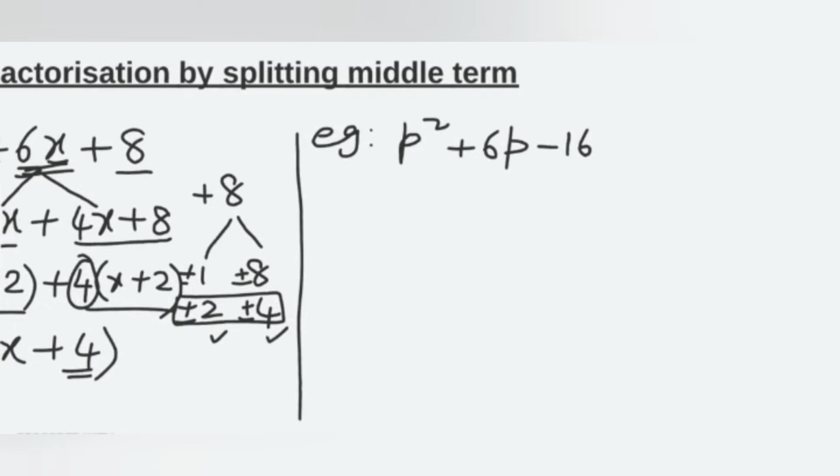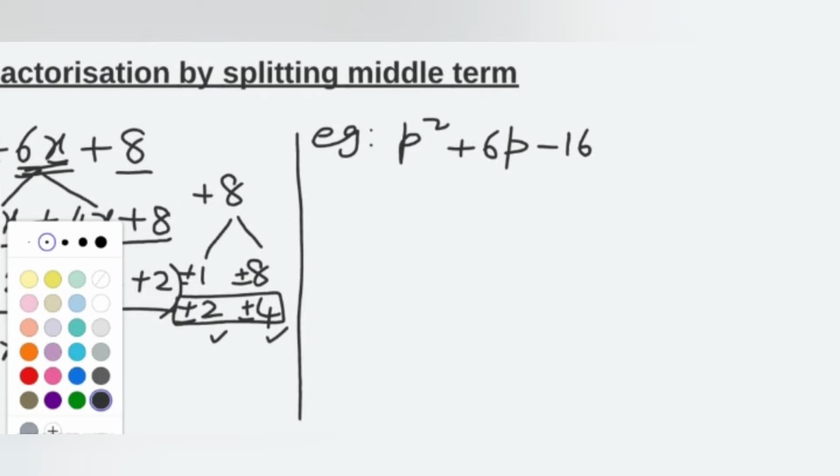Write minus 16 here and find factors of it in such a way that if you add those two, you should get plus 6. If you multiply, you should get minus 16, and if you add, you should get plus 6.